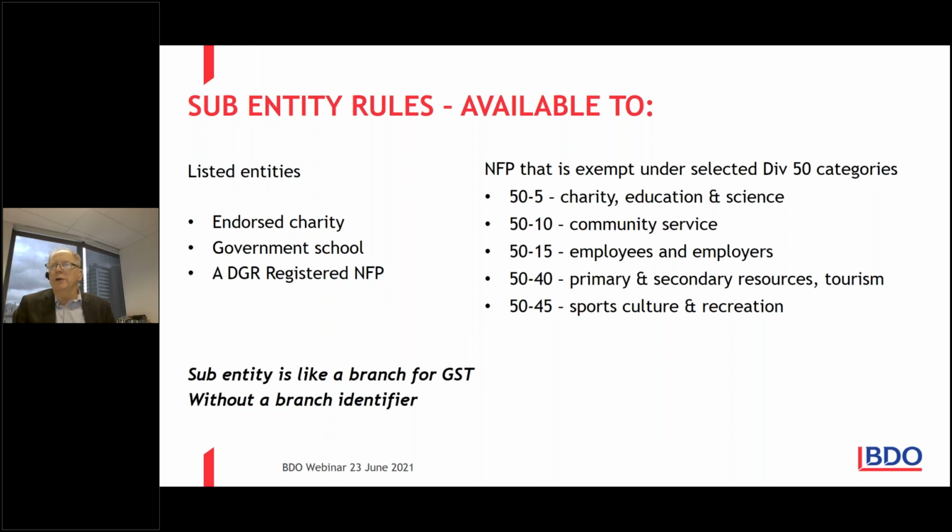50-15 is employee and employer associations, trade unions, employer bodies, the like that exist. 50-40, your primary and secondary resources and tourism. So these are, again, not-for-profits, so they have to be physical entities that are running, being clubs, associations or similar, that are around promoting things like the development of agriculture and the development of tourism, etc. And finally, the category of sports, culture and recreation.